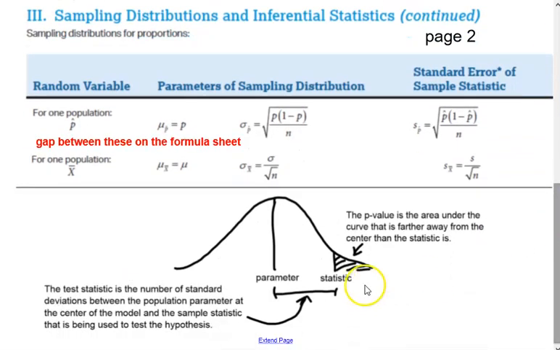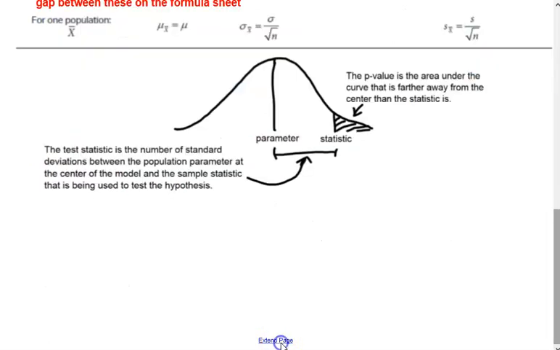Now, what exactly is a test statistic? The test statistic is the number of standard deviations between the population parameter at the center of the model and the sample statistic that is being used to test the hypothesis. So this tells me the number of standard deviations, this distance here. The p-value is the area under the curve that is farther away from the center than the statistic is.